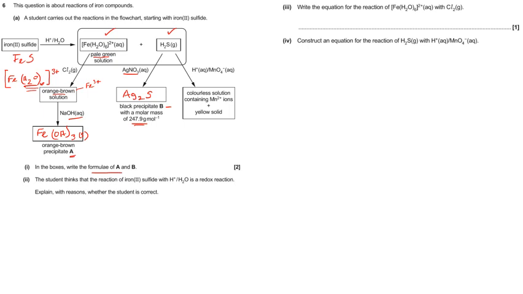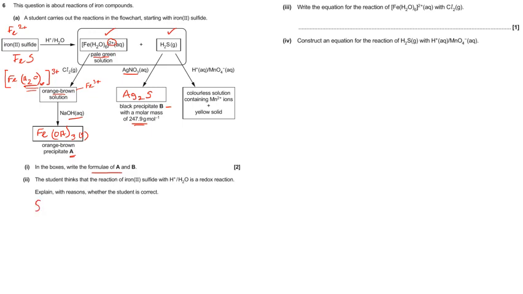And in part 2, the student thinks that the reaction of iron sulfide with acid is a redox reaction. Explain, with reasons, whether the student is correct. Okay, so this is Fe2+, and the water molecules are neutral, so the complex also tells us that we've still got iron 2+.